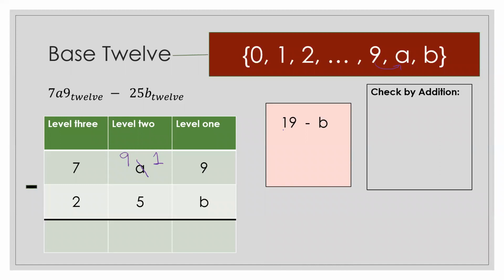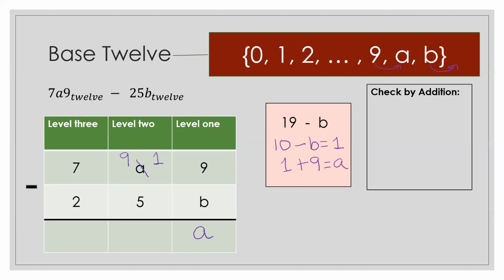We know 1, 0, that's one full group of 12, minus B is 1 single, because B plus 1 more is 1, 0. Then 1 plus the 9 that I had before is A. So this right here is A.